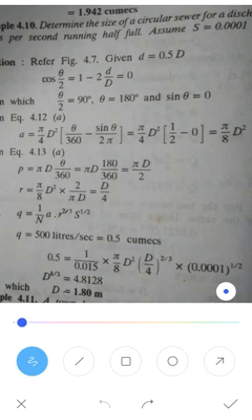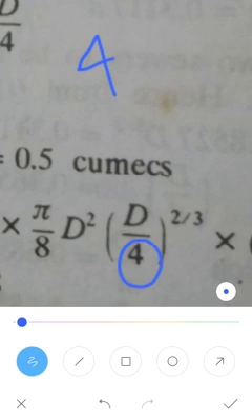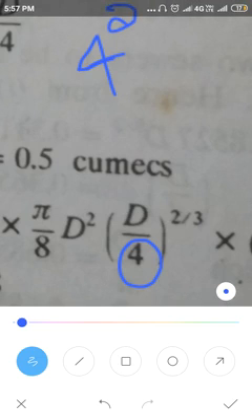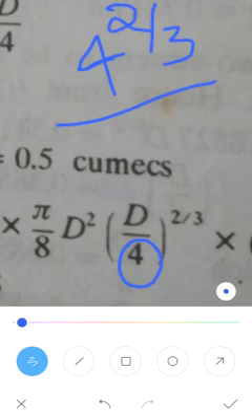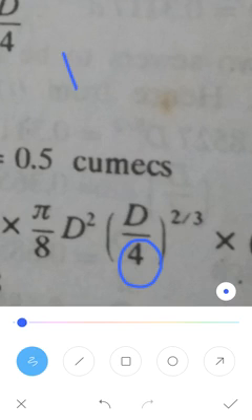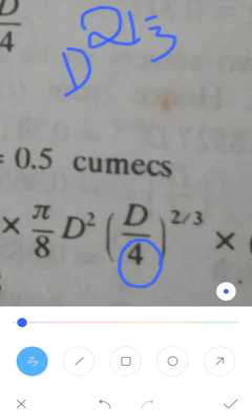Here you have to be very careful. You have to separate the numerator and denominator: 4 to the power of 2 by 3, and d to the power of 2 by 3 and 4 to the power of 2 by 3.